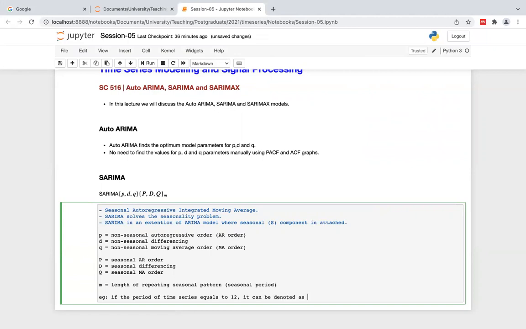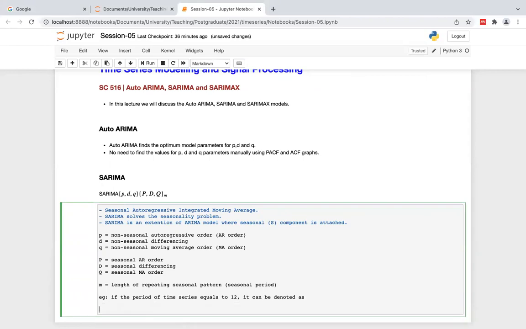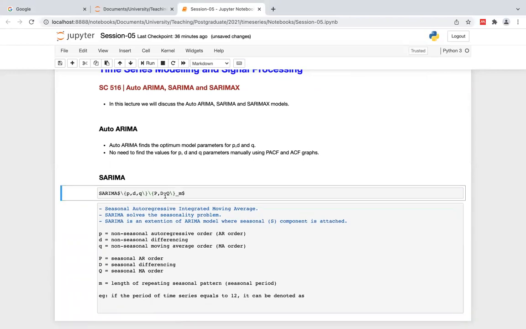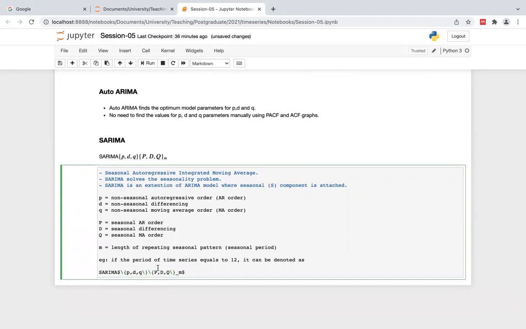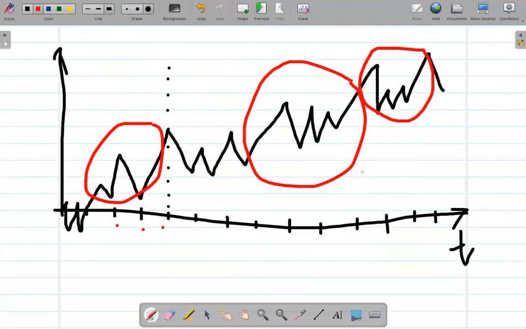I'll copy this, it's easy for me. Then we know that if the time period of the time series is equal to 12, which means the repetition happens within a year.